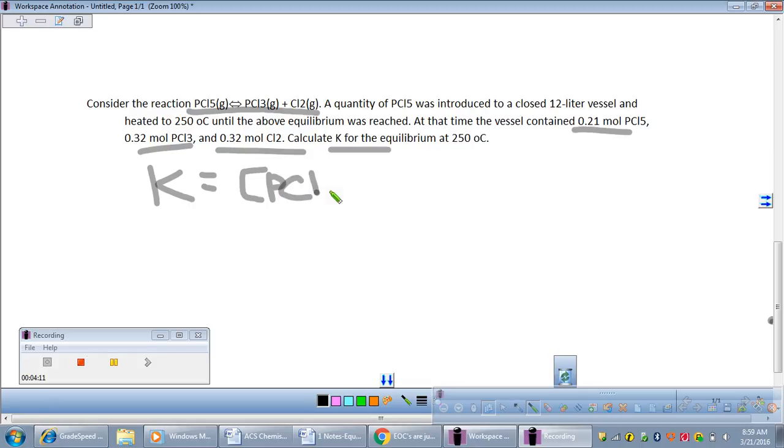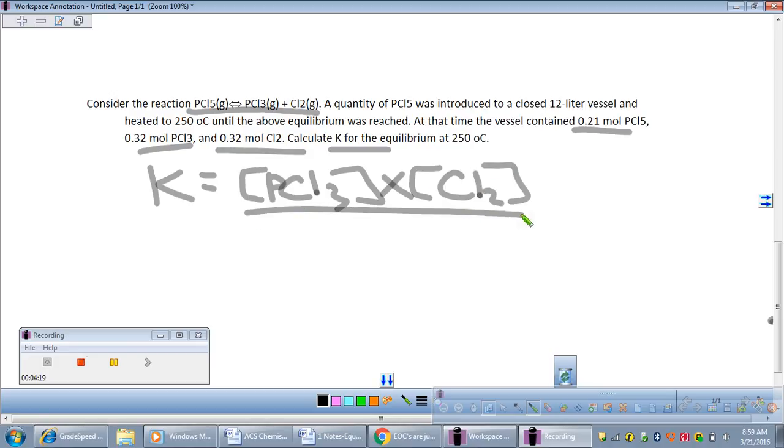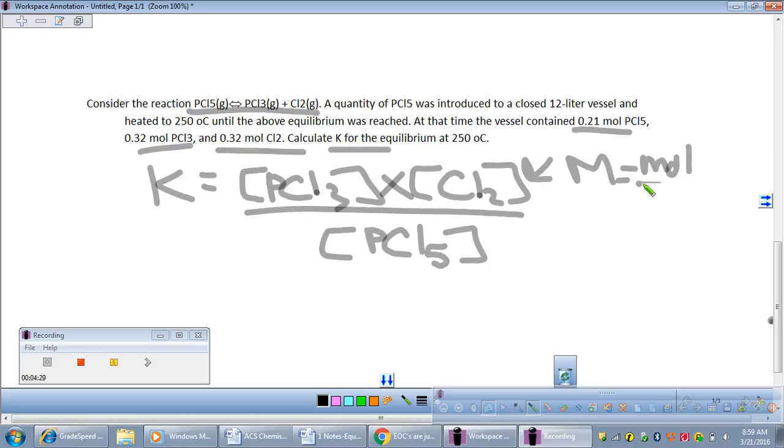So PCl3, and then if there are 2, we multiply them times Cl2 divided by PCl5. All right, remember these brackets means concentration, which is molarity, moles over liters. And so we are given moles and we're given liters, so you're going to have to calculate your molarity for each one.